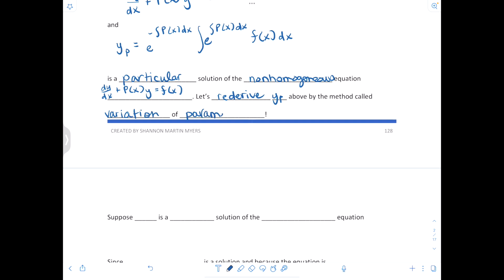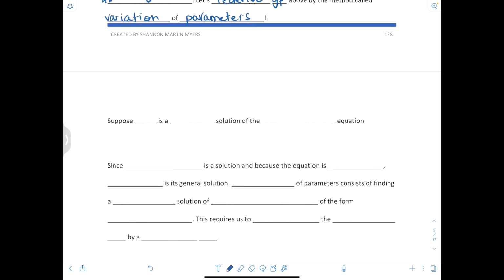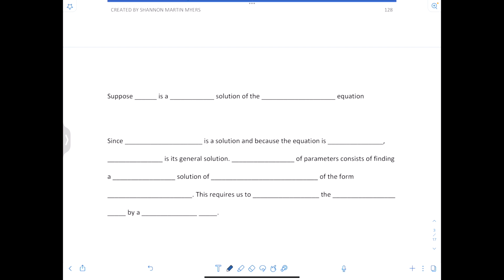So fun! All right, so suppose y1 is a known solution of the homogeneous equation dy1/dx plus p(x) y1 is equal to 0.